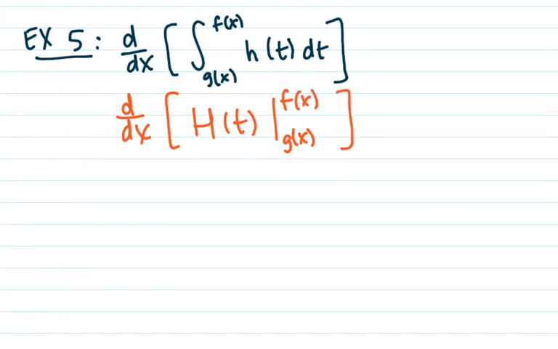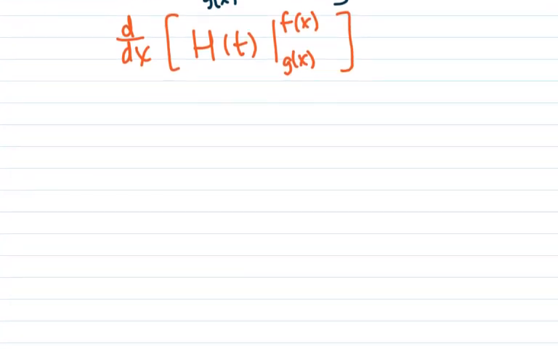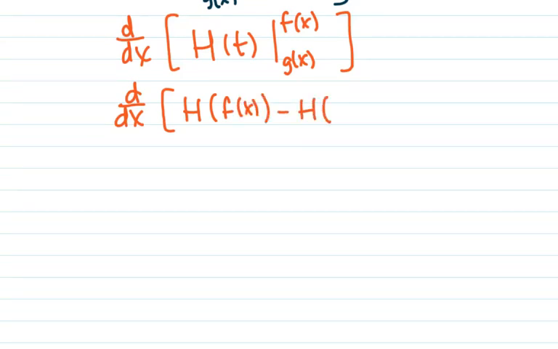All right, so we're finding the derivative of that. So that's going to be h of f of x minus h of g of x.